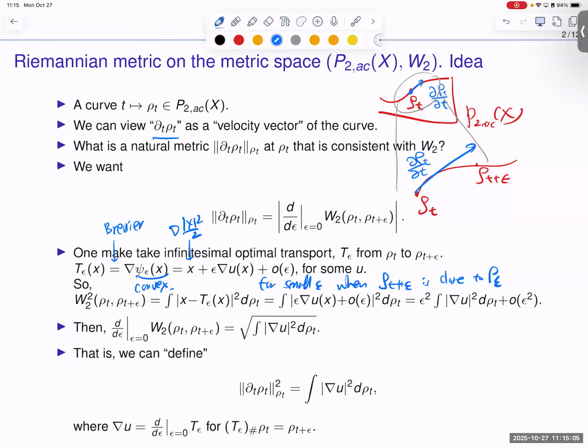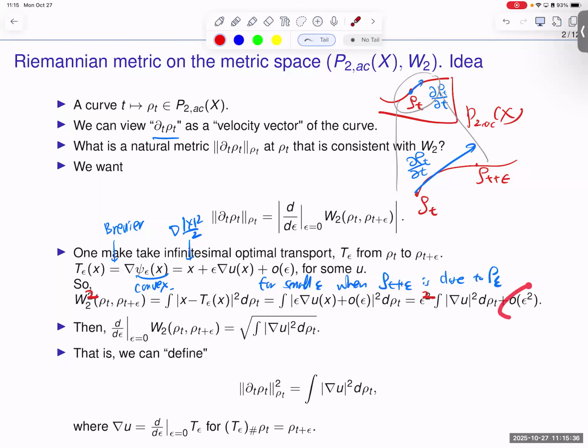Yeah, I now understand what you mean. Yeah, I think this is okay. No, that is epsilon scale, because it's squared here. It's little o.